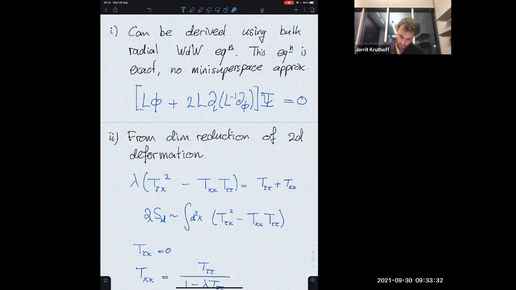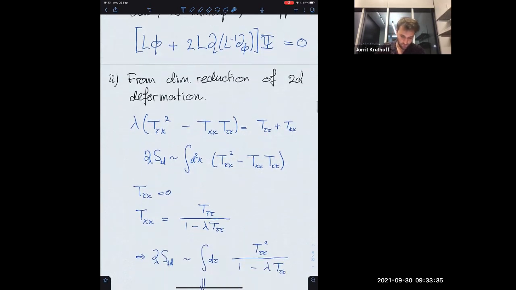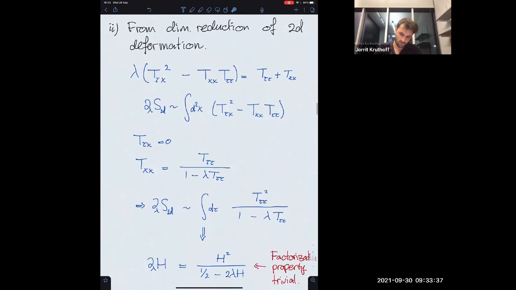All right, so you can derive from this Wheeler-DeWitt equation. Another way to see it is to do a dimensional reduction of the 2D deformation. So first of all, the 2D deformation, the TT-bar operator, satisfies a quadratic relation between the trace and the TT-bar operator. So this is a curious relation, but from this relation, you can find what the 1D deformation should be.